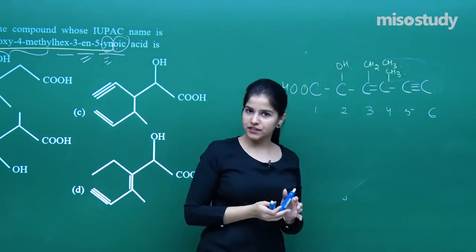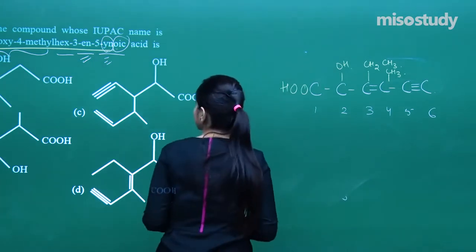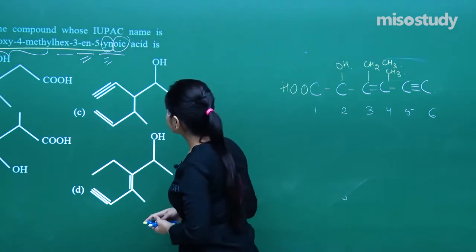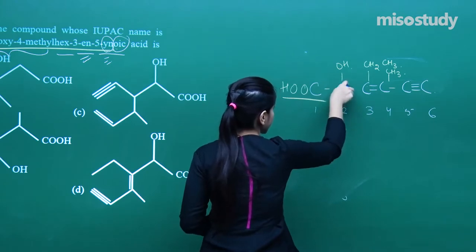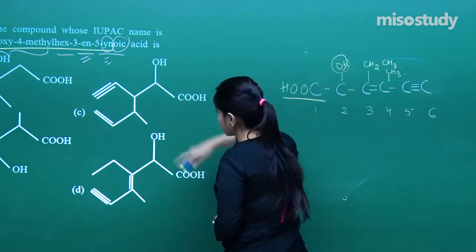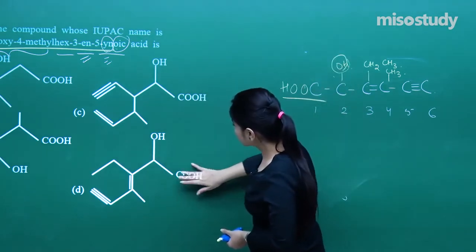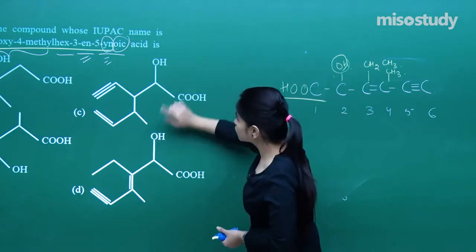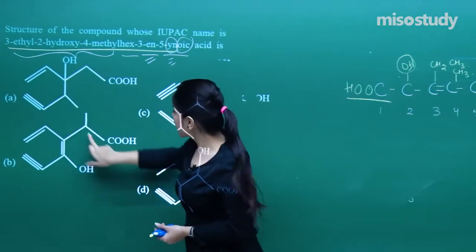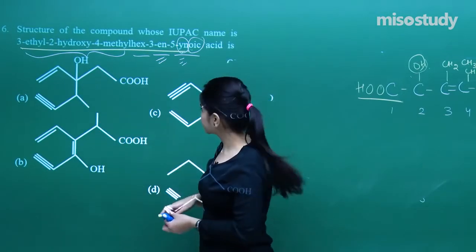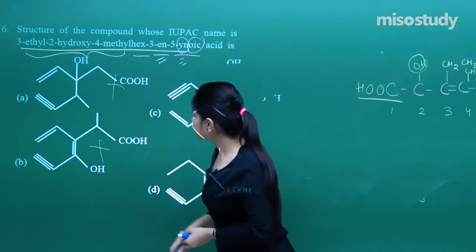Now let us just check the options. So the option here, there must be COOH followed by a carbon which is having the hydroxy. So where is it? COOH followed by a carbon having hydroxy. That means these two options, because over here it is onto the third carbon atom and here there is no hydroxy present. So these are eliminated.